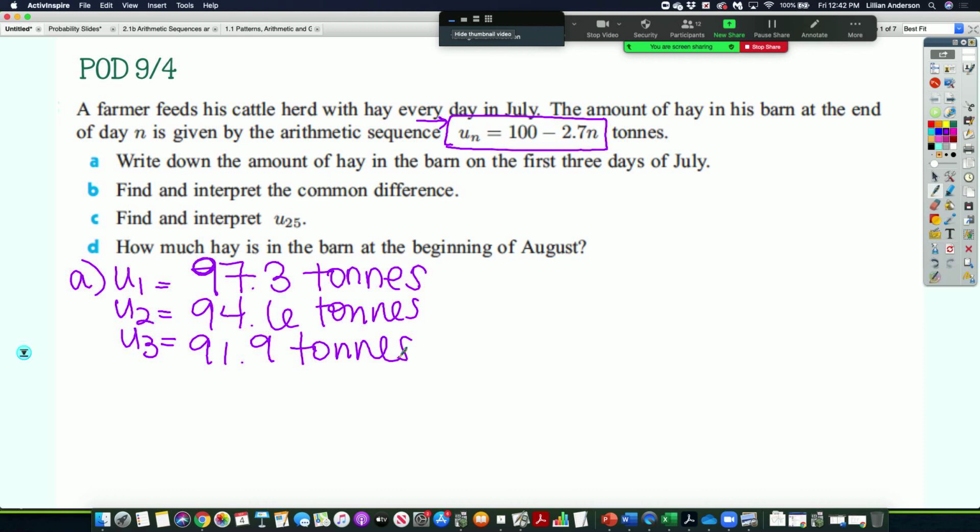Now, part B asks you to find and interpret the common difference. Well, remember, for arithmetic sequences, to find the common difference, all we need to do is take our second term and subtract our first term. Algebraically, this is how you would do it. So you take that 94.6 that we found in part A and subtract from it the 97.3 that we also found in part A. And don't we get negative 2.7?